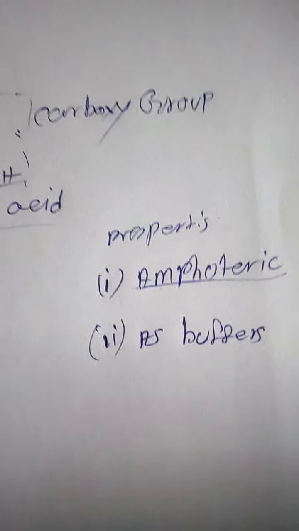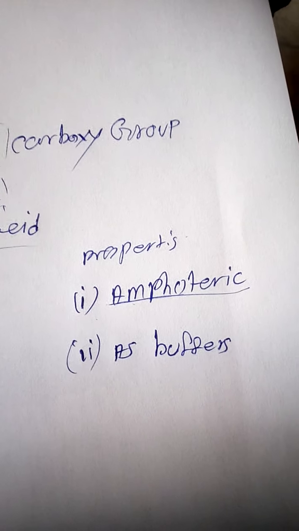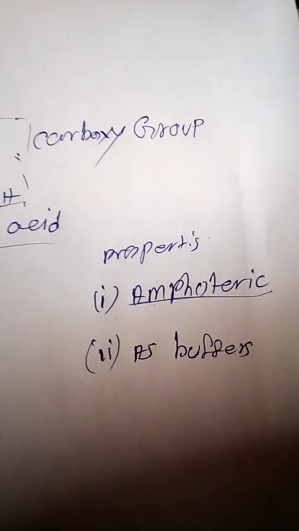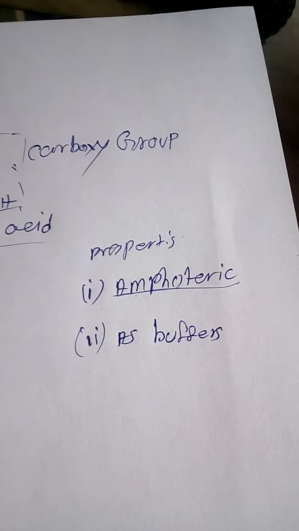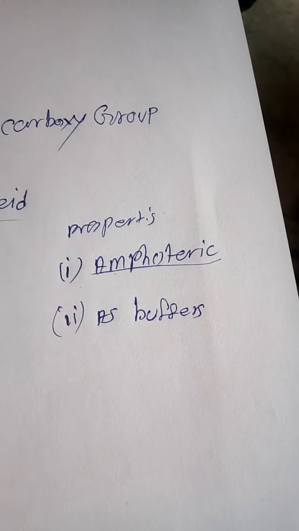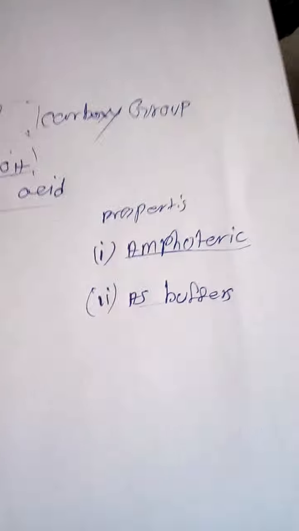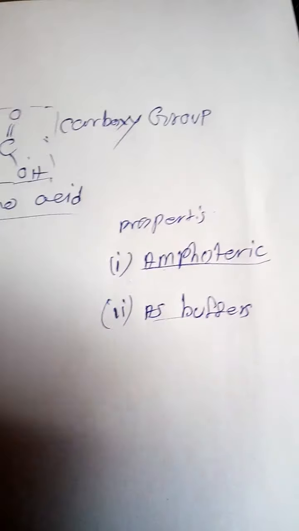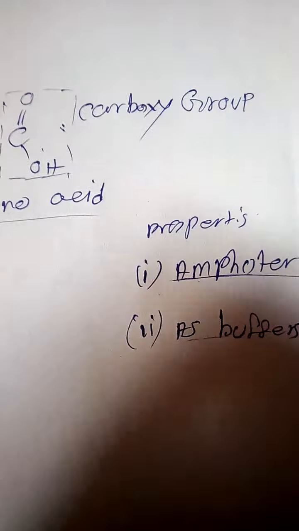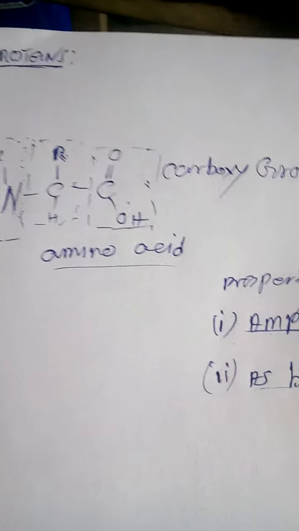A buffer has the power to resist change. It has the power to resist change in the pH scale by maintaining its neutral state, because it has the ability to donate or lose electrons.